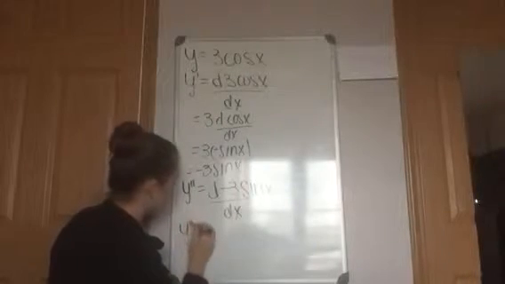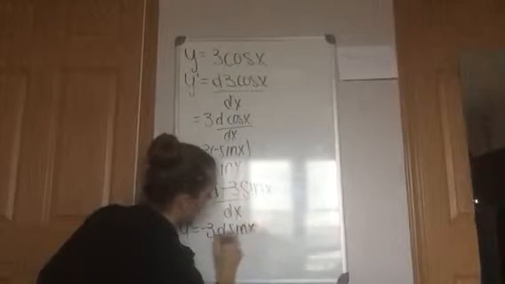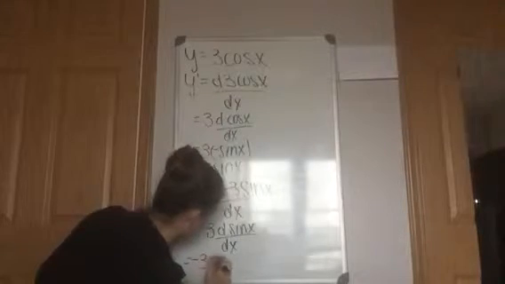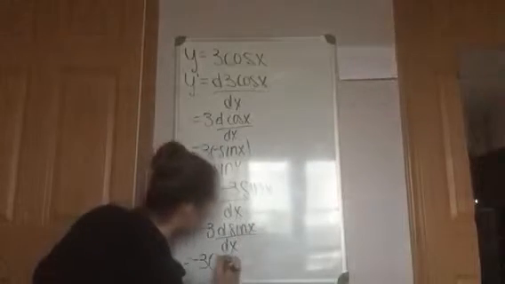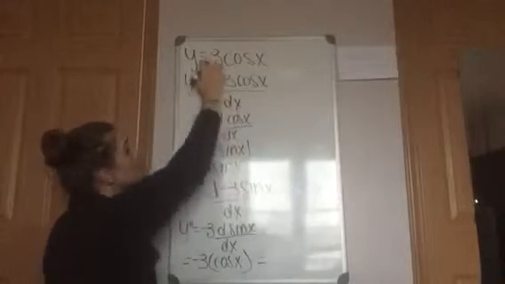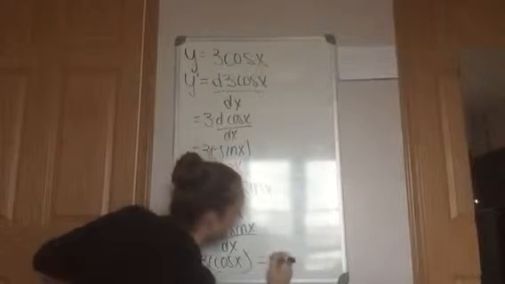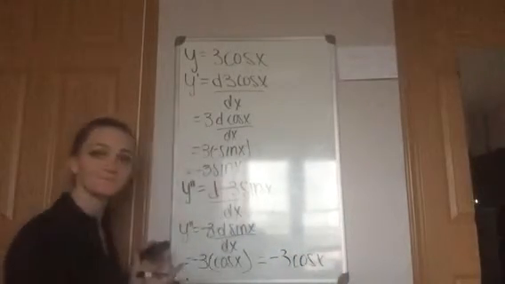Again, we're going to pull out this -3, derivative of sine x with respect to x, which equals -3 times the derivative of sine x, which is cos x. So our answer, the y double prime of 3 cos x, is negative 3 cos x.